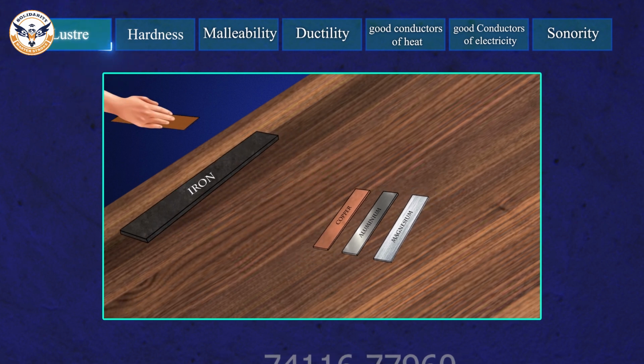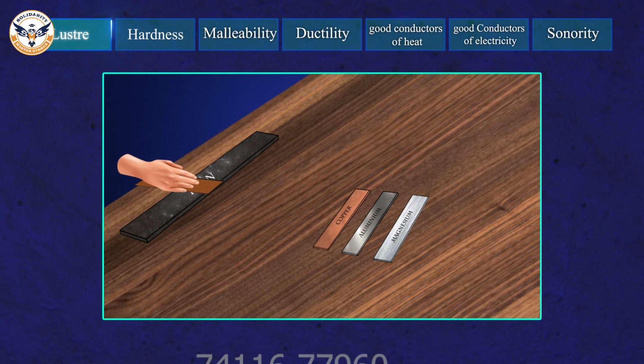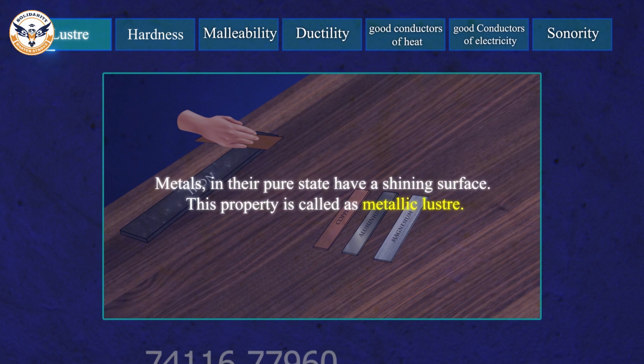Clean the surface of each sample by rubbing them with sandpaper and note their appearance again. Now they have shinier surface. Do you know what the shine is called? Metals in their pure state have a shining surface. This property is called as metallic luster.